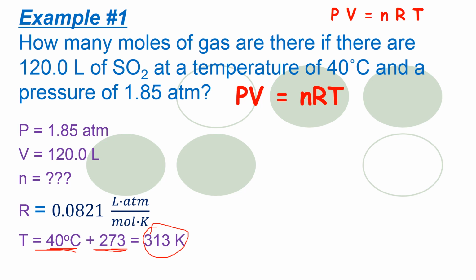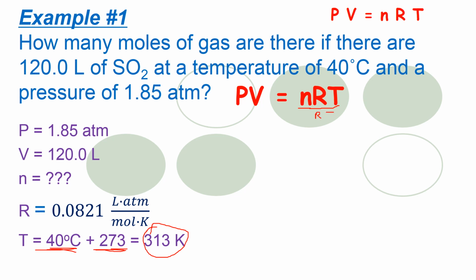We start with this equation, PV equals nRT, but we want to solve just for the value for n. So how do we do that? Well, we're going to have to divide this side by R and T to get rid of them on this side.